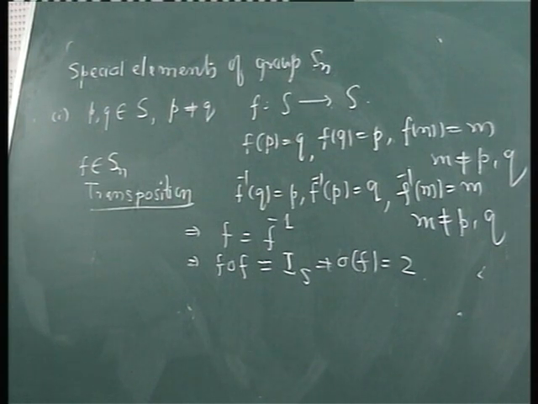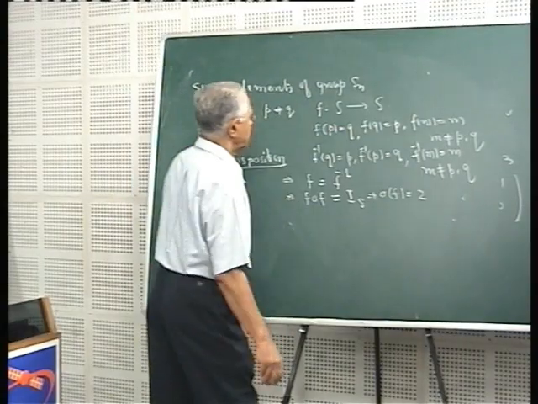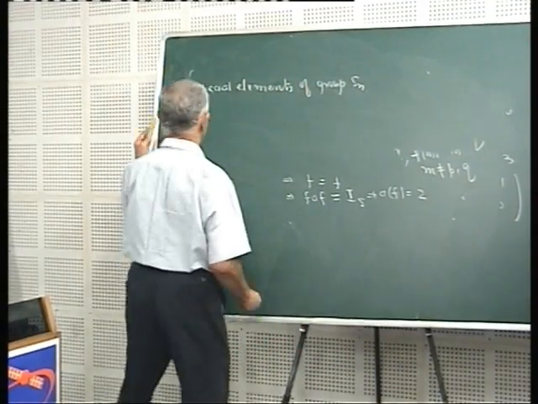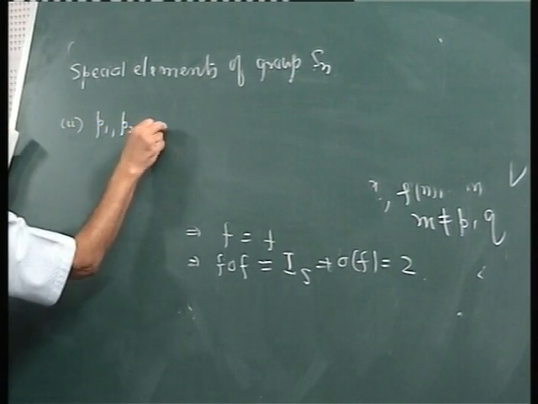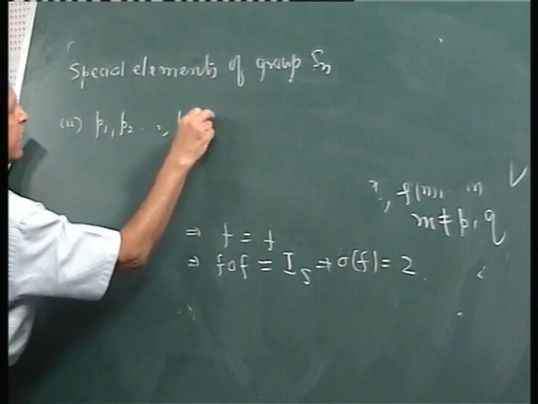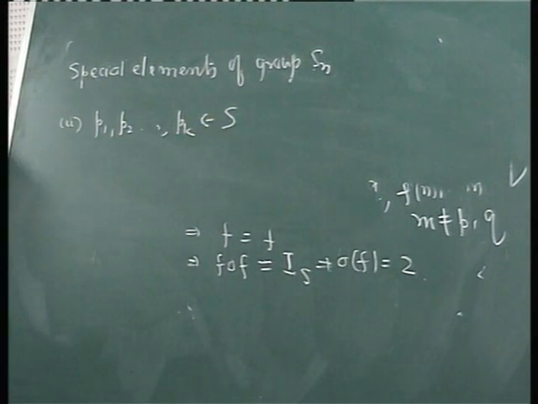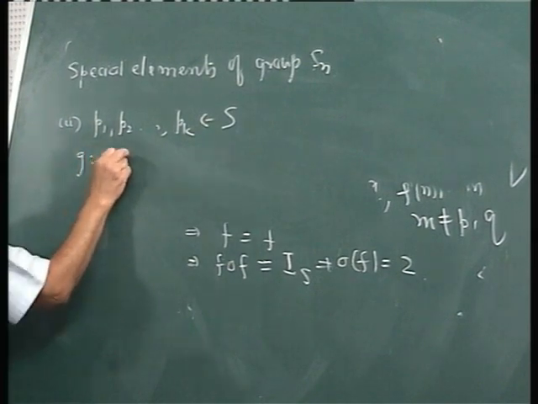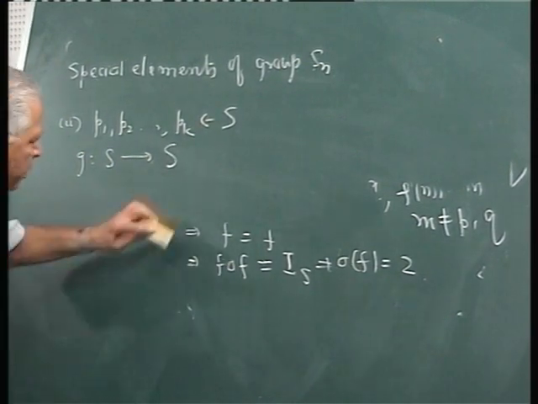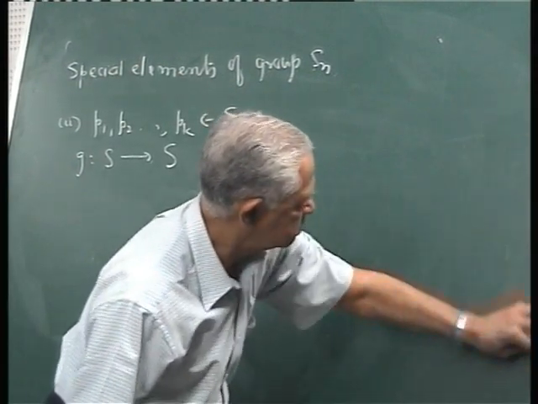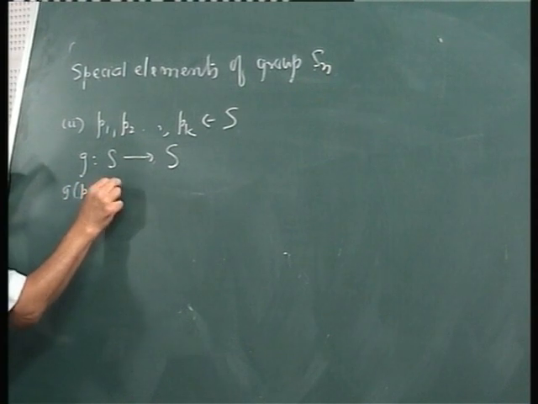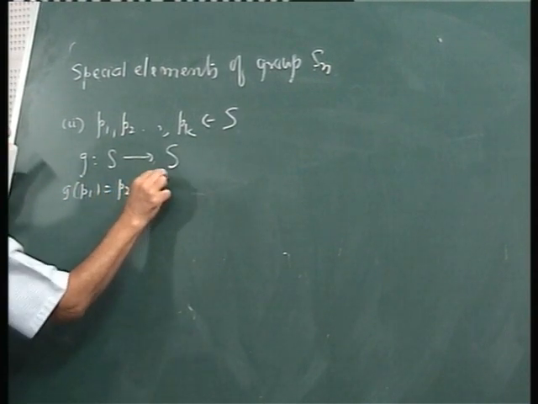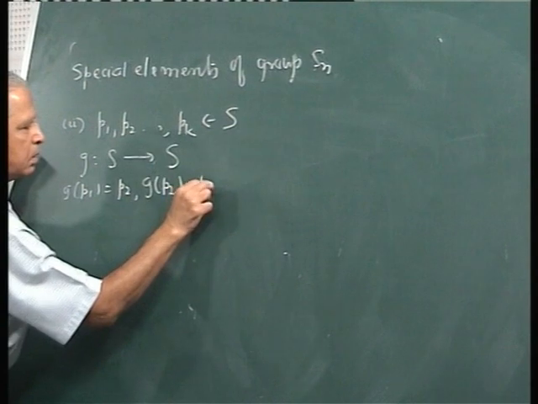Now we generalize this method, and instead of two elements, we take k distinct elements p1, p2, ..., pk belonging to S. Now we define the mapping G from S to S as follows. G(p1) is equal to p2, G(p2) is equal to p3.